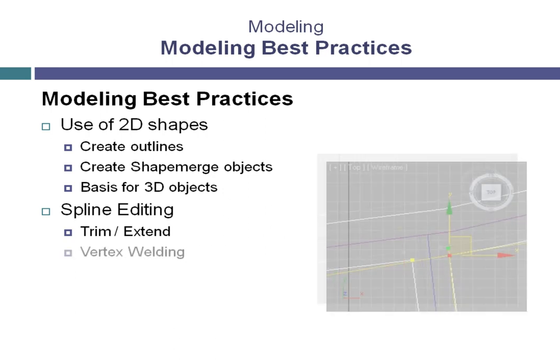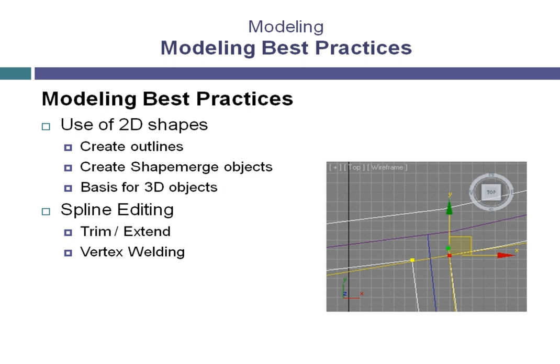Vertex welding, when used properly, can be a very handy tool for cleaning up complex shapes. Cleaning up complex shapes not only makes for cleaner models, but it can also help reduce the polygon count when those shapes are turned into three-dimensional models. This also has the result of helping to reduce render time.